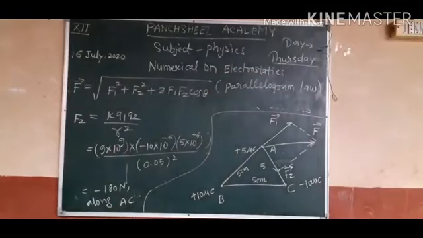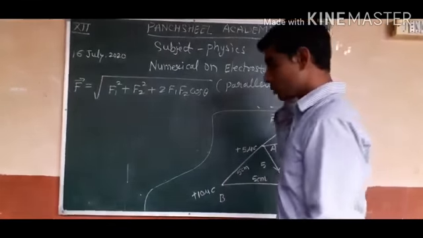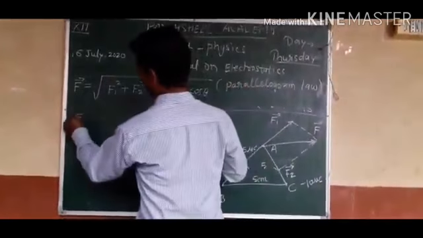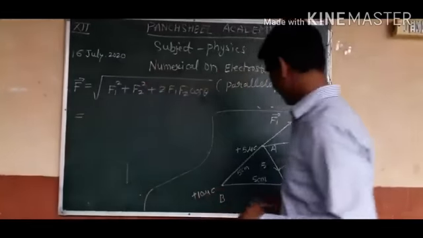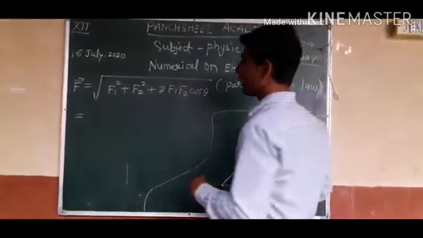So you have to calculate F1 and F2, then put these values in the formula and get the answer. So F1 equal to, what is the value of F1?